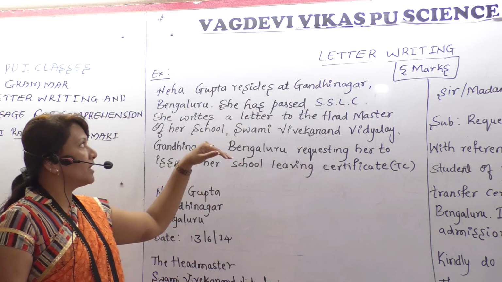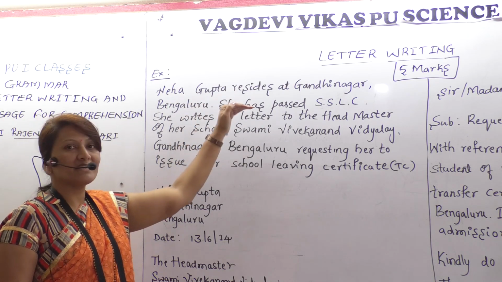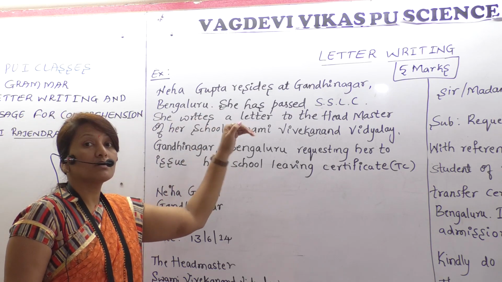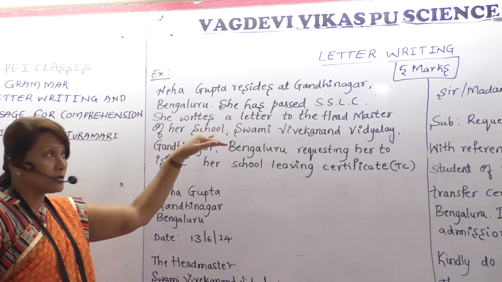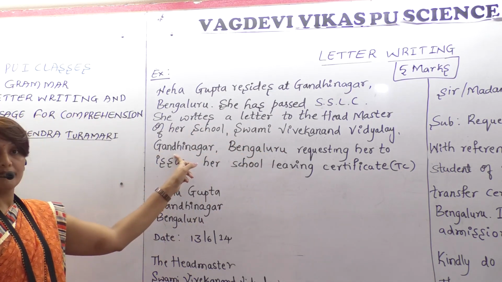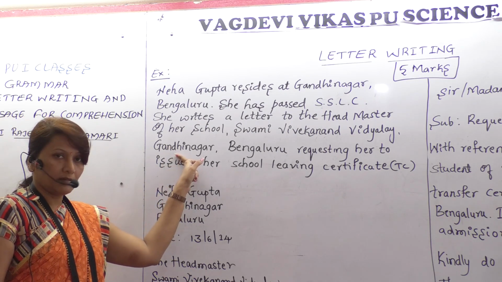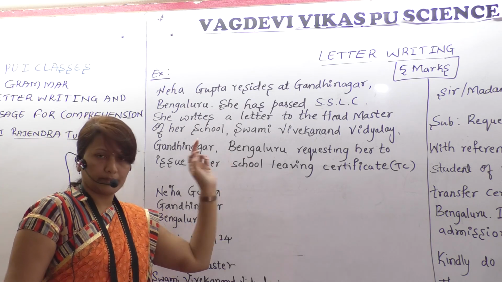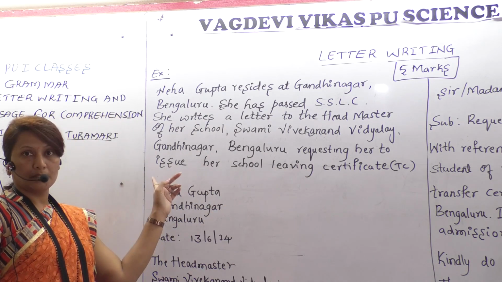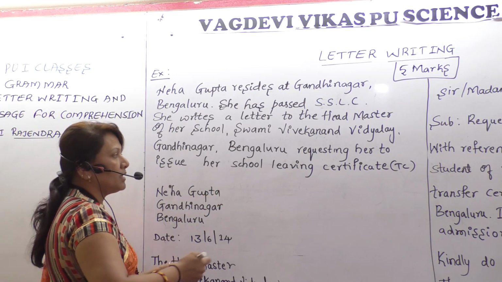The question is, Neha resides in Gandhinagar in Bangalore and she has completed her SSLC and she writes a letter to the headmaster of her school. The name of the school is Swami Vivekananda Vidyalaya, which is there in Gandhinagar in Bangalore. She requests her principal or the headmaster to issue her what?